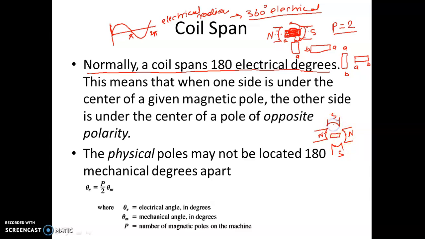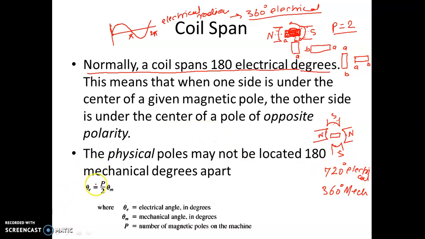Then again a south and north pole constitute 180 degrees, this also 180, this also 180. So totally the electrical angle will be 720 degrees electrical, but the mechanical angle is 360 degrees mechanical. Means you are rotating one time, 360 degrees, but the electrical angle will be 720 degrees.